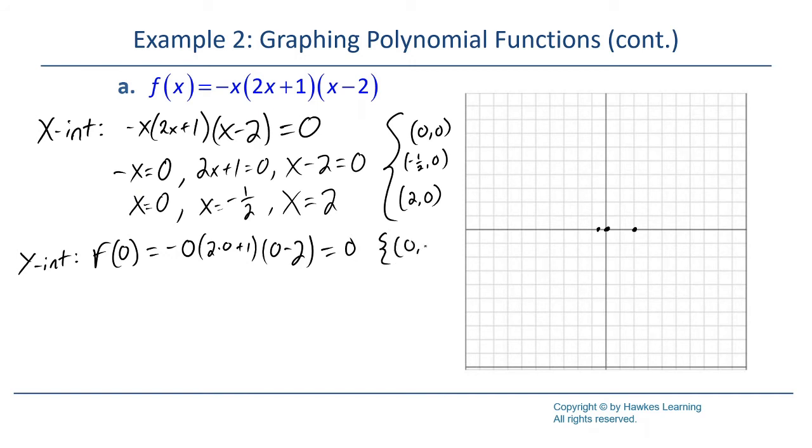So this is a very interesting case where the x-intercept is also the y-intercept. If you ever have just x to a power factored out front, then that's always going to be an indicator that (0, 0) is your y-intercept.